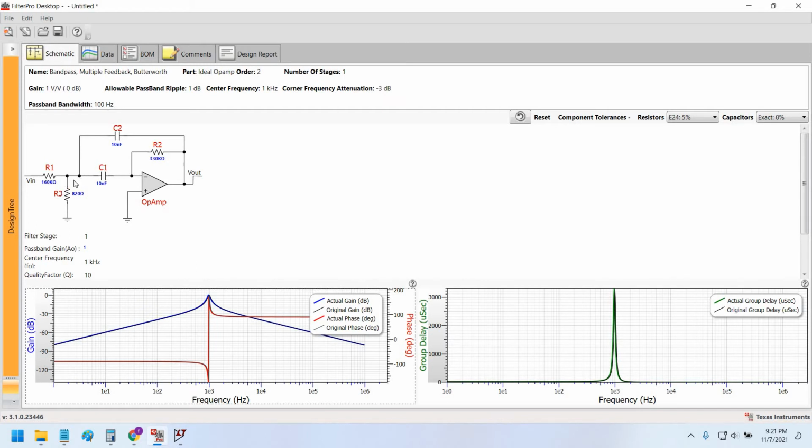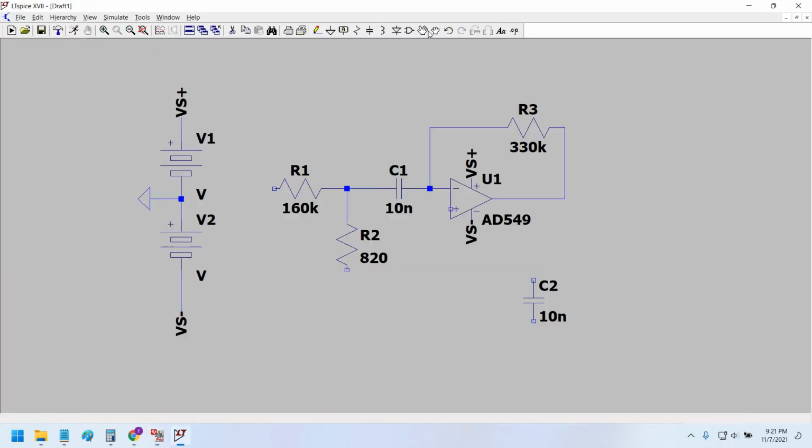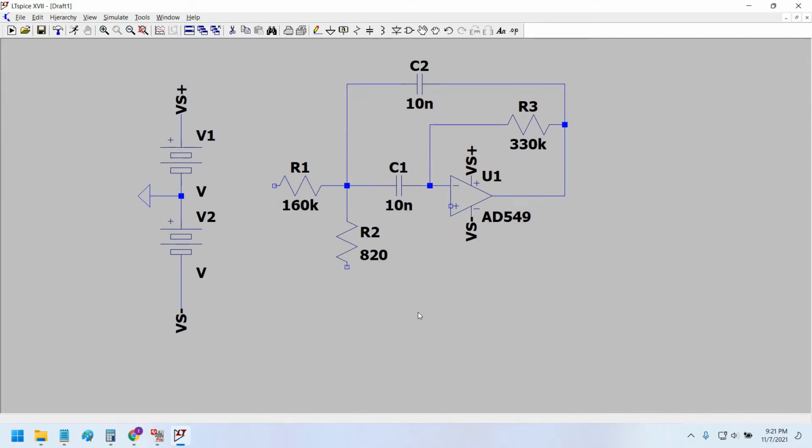And a capacitor from this branch to the output. This is the output terminal, this is the branch here.